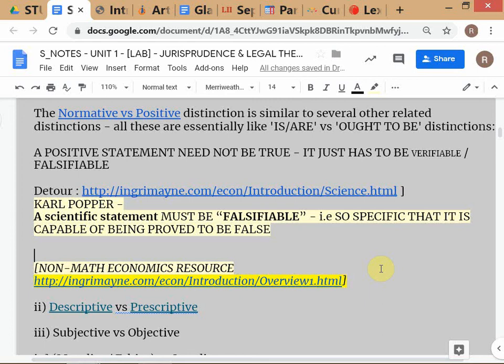But now if I say that in the next quarter GDP growth will be 3.5%, or more than 3.5%, now that is a specific statement, very specific. So all you have to do is wait till the end of the next quarter till the GDP data comes out, and you can see what the reading is, and if it is less than 3.5 or more than 3.5, I can tell either way.